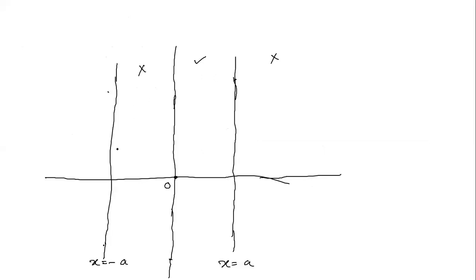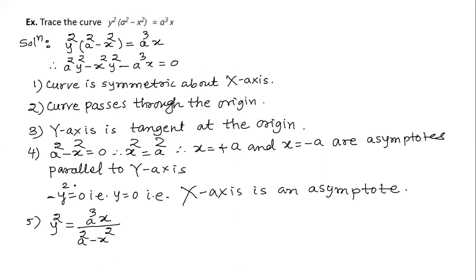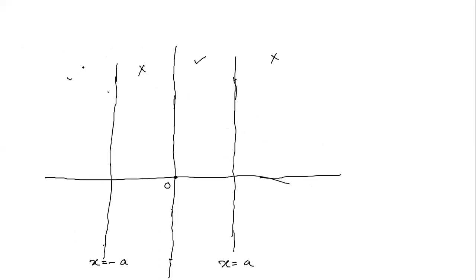The next question is, does the curve exist to the left of x equal to minus a? Let us try to put x equal to minus 2a into the equation. The numerator will be negative and the denominator will also be negative. So the curve exists here.